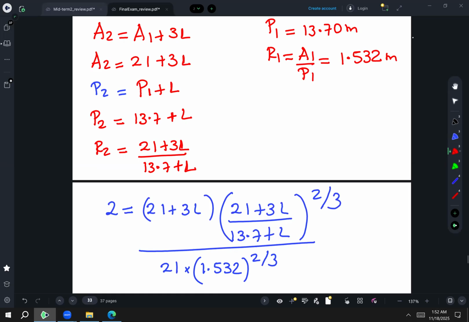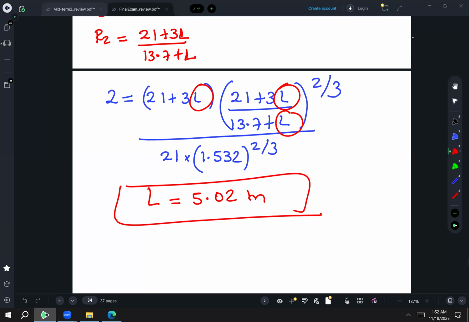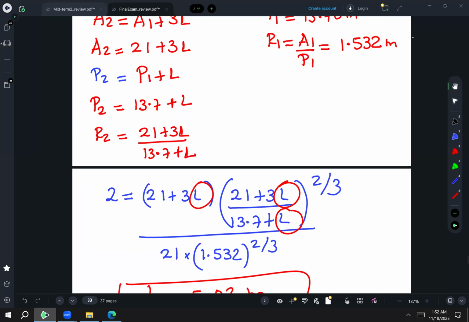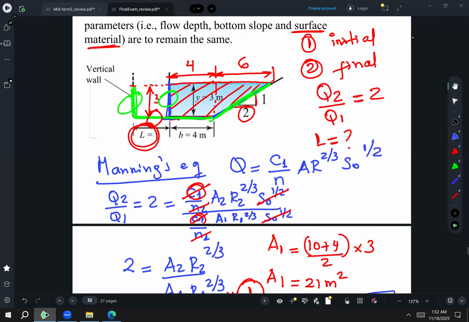As you can see, the only unknown is L, and we can solve this for L, which gives us a value of 5.02 meters. So we need a length of about 5 meters to double the flow discharge.